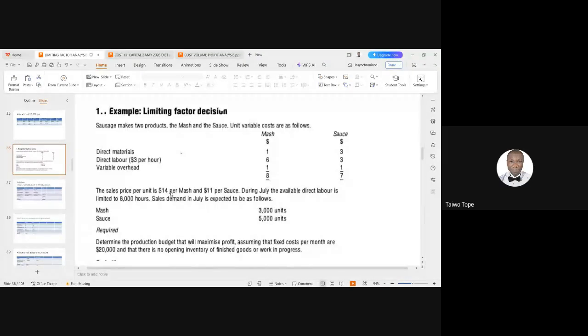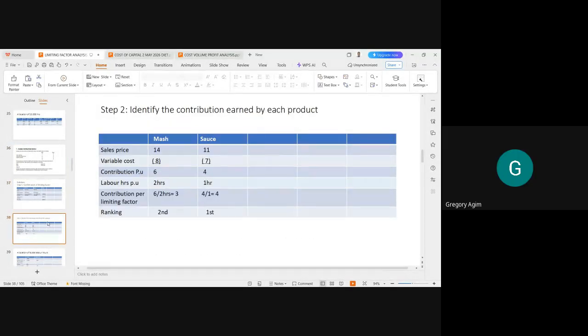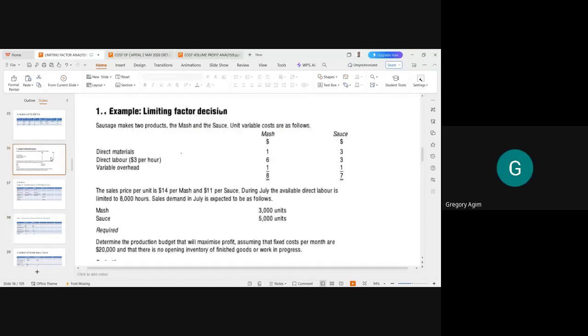So selling price minus variable cost will give you contribution per unit. This is it here. So to determine our contribution per limiting factor, the limiting factor is labor hour.